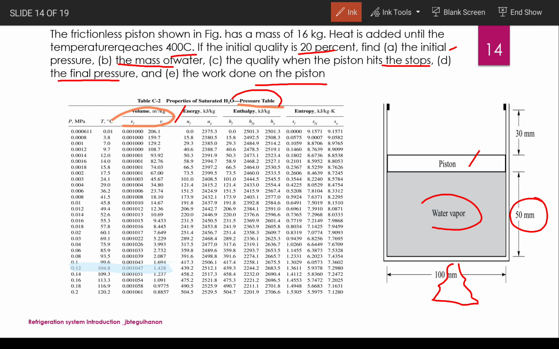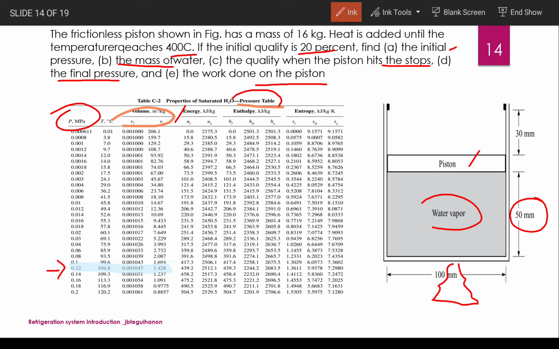We have calculated the pressure, which is 120 kilopascal, or 0.12 megapascal.